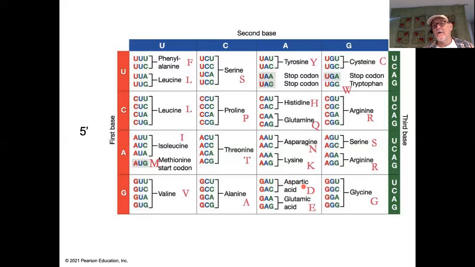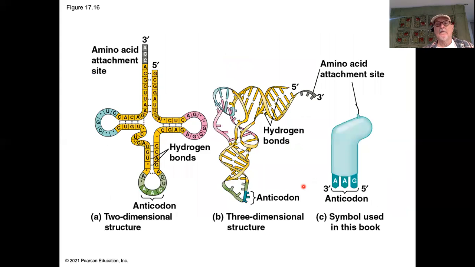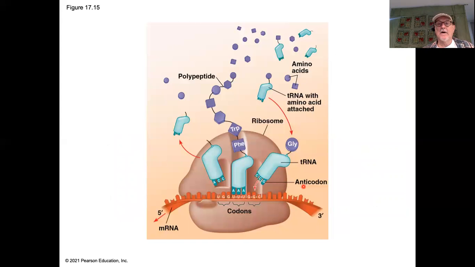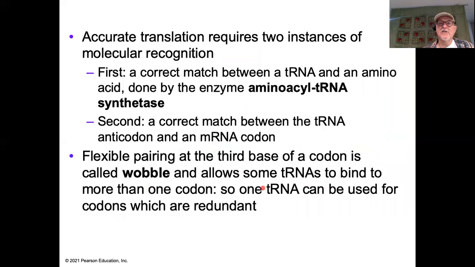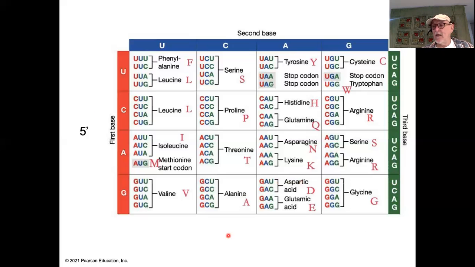We can work it out for the anticodon as well. Let's have a look here. We said here's the anticodon, CCG, right? Just remember CCG. What is the messenger RNA that it is going to match to? It's going to be GGC. Let's see.